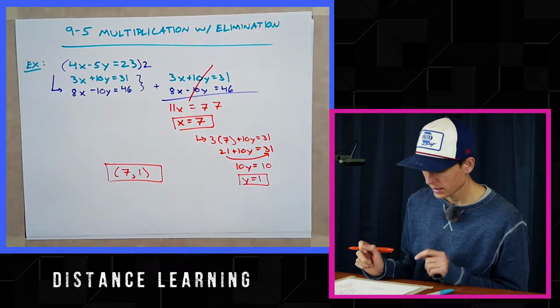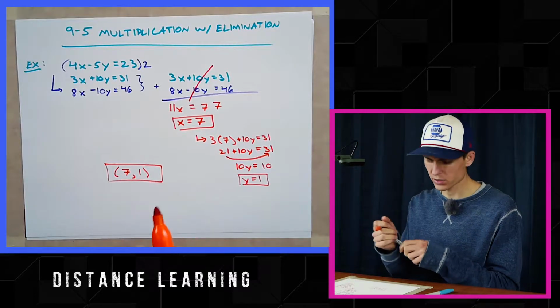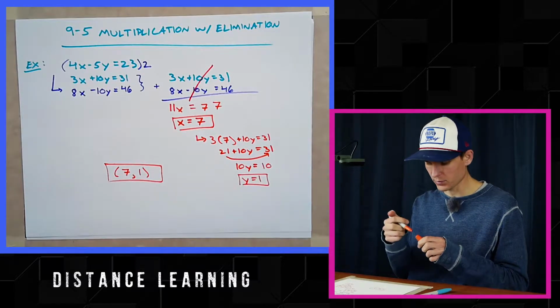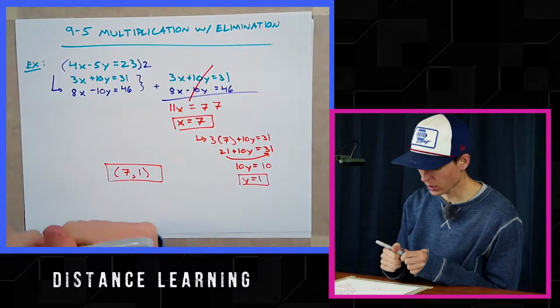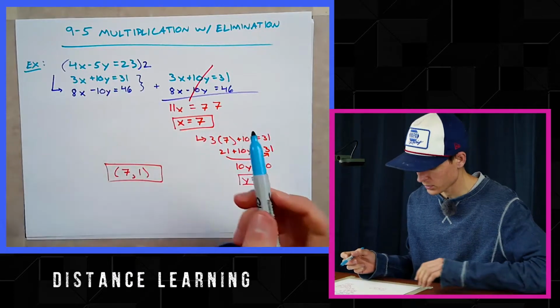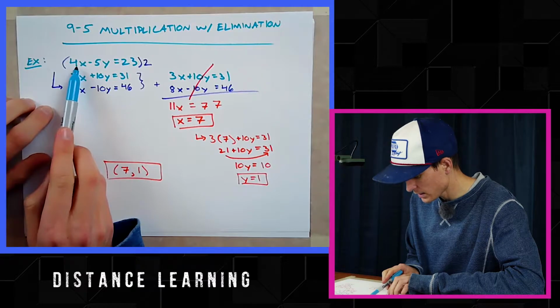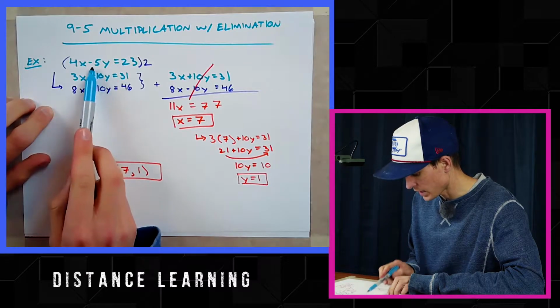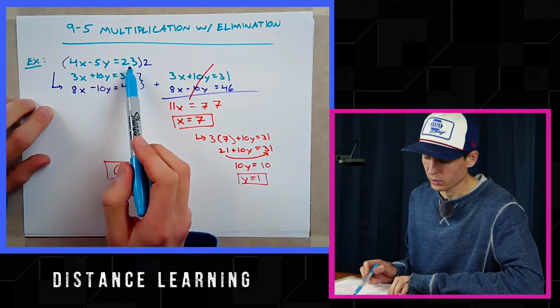Boom, done. If you want to check whether your answer is right, because you guys are always speedsters and have plenty of time when you take your test, plug your answers back into both equations and see if the left equals the right. 4 times 7 is 28, minus 5 times y, which is 1, so 28 minus 5 does equal 23.